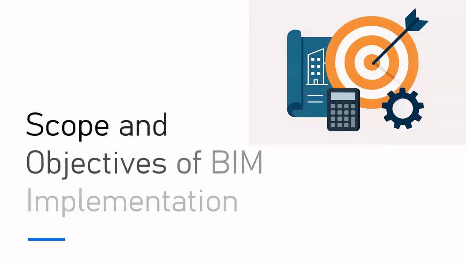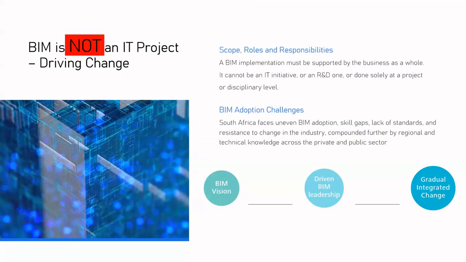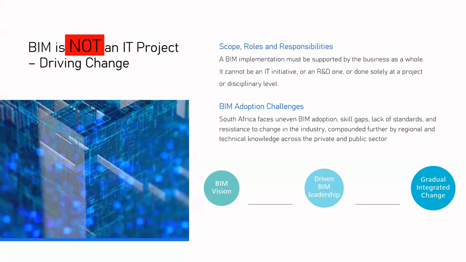So then moving on, we're going to have a look at the scope and objectives from a BIM implementation point of view. And this is getting down more into the nuts and bolts of how you actually get BIM into your business, and what is effective and relevant and fundamental to your core service offering. Because each entity has a somewhat different requirement, ranging from large multinational consultants through to small niche, very focused consulting firms.